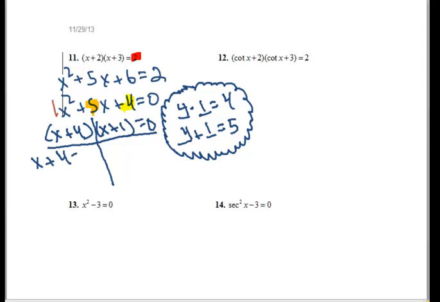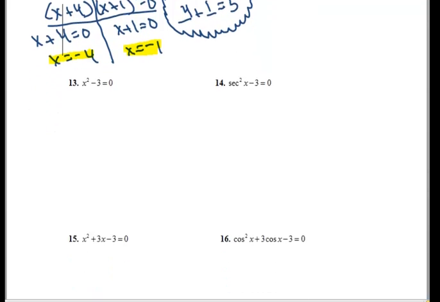So x plus 4 equals 0, x plus 1 equals 0, so x equals negative 4, x equals negative 1. So there are my solutions to this one. Right? And that was a little bit more work because we had to multiply out and then set it equal to 0 first.